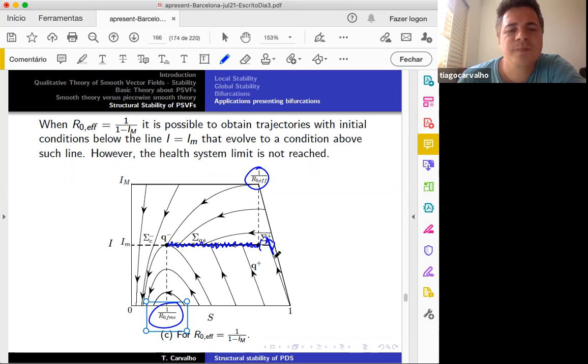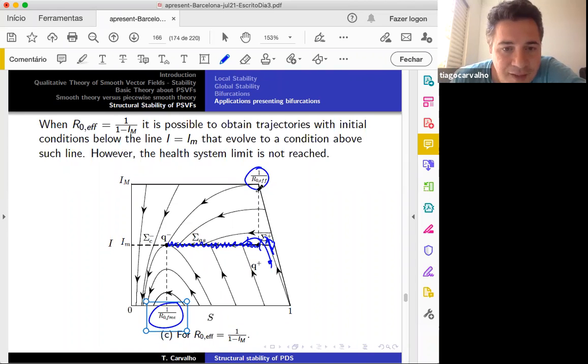If we are at a point here, the trajectory will have this behavior, and again, after some time, we will have 0 infected individuals.